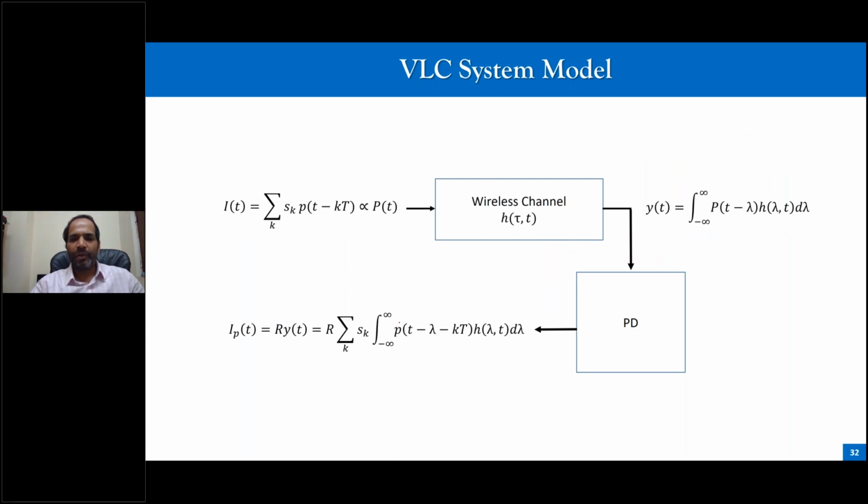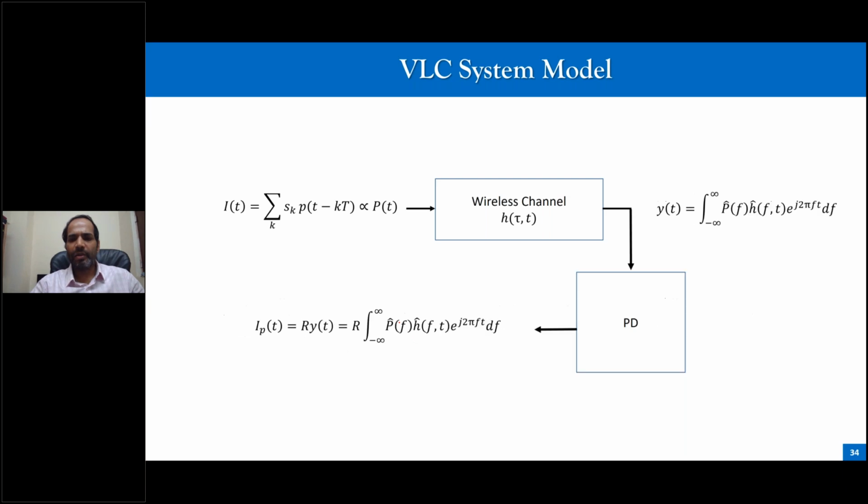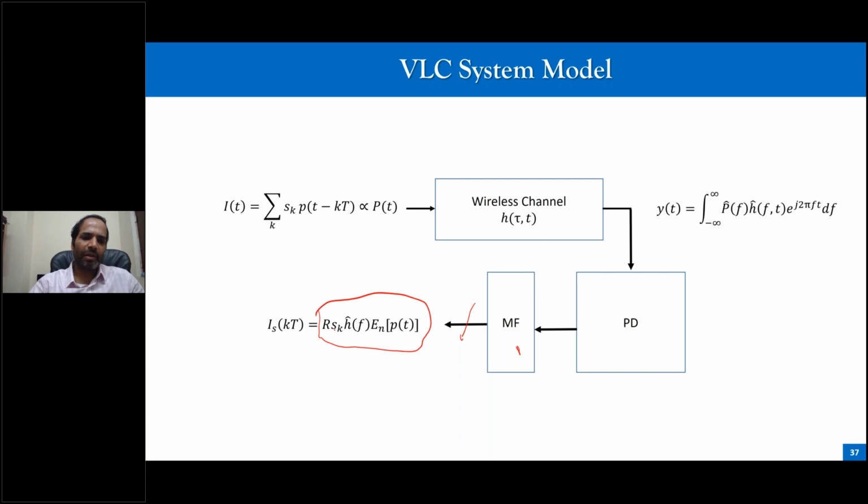Okay, so I will skip these slides. Maybe I will come back to them if you have any questions. And maybe the interesting point here is, after this photodiode we can use a matched filter, and you have a sampler at the output of the matched filter, and the current that you get depends on something like this.